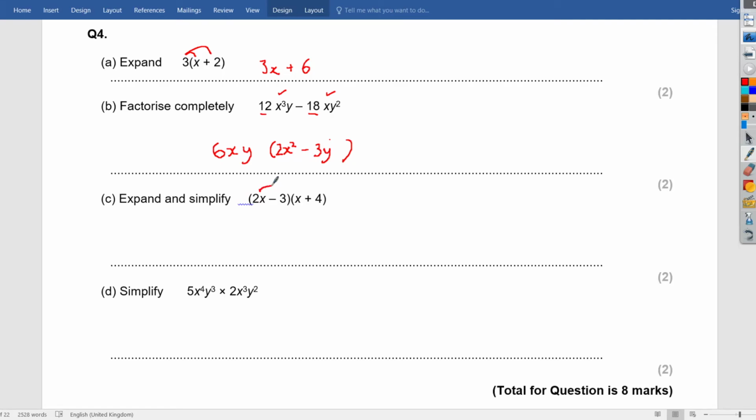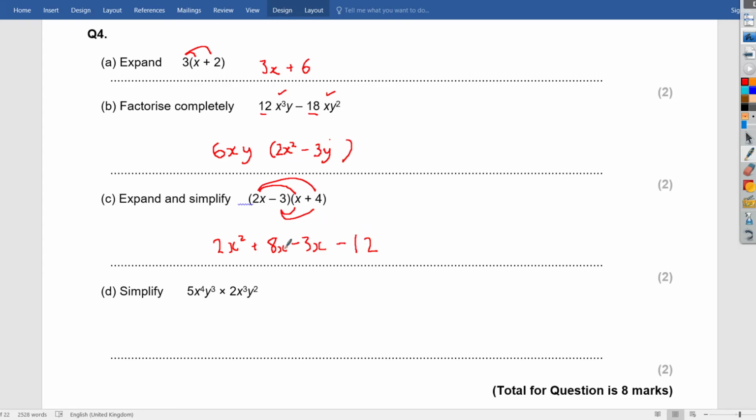So let's start without further ado. 2x times x is 2x squared. 2x times 4 is 8x. Minus 3 times x is minus 3x. And minus 3 times 4 is minus 12.